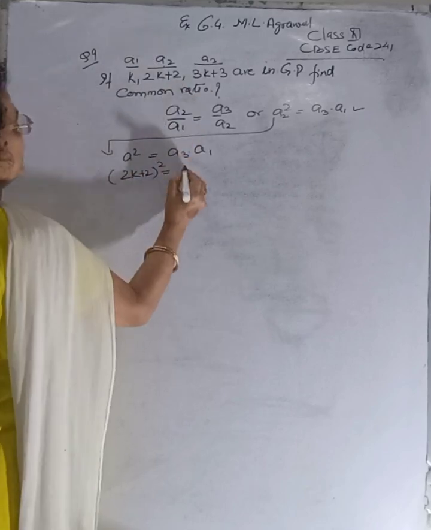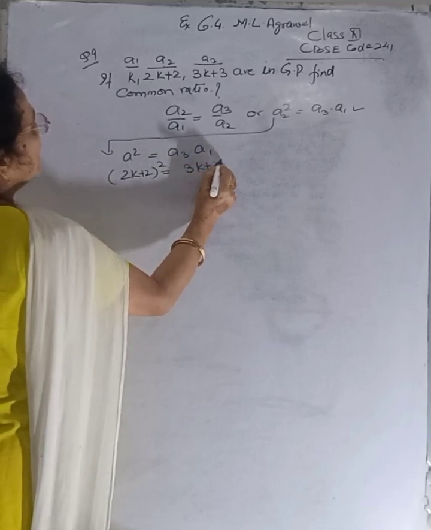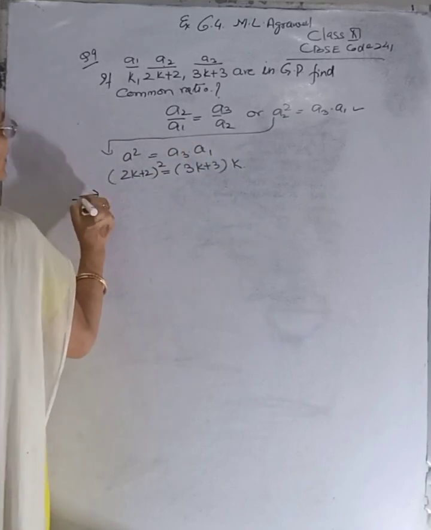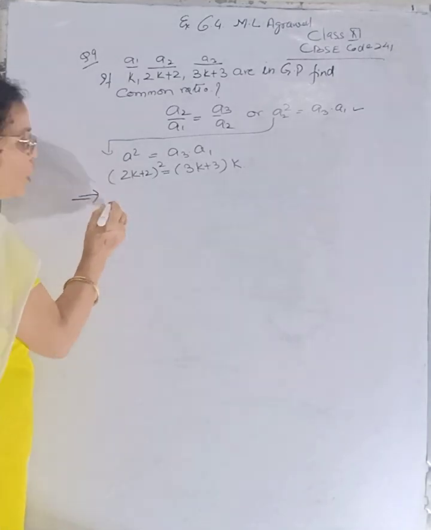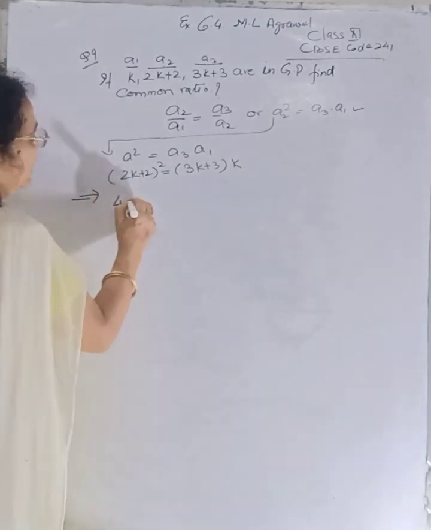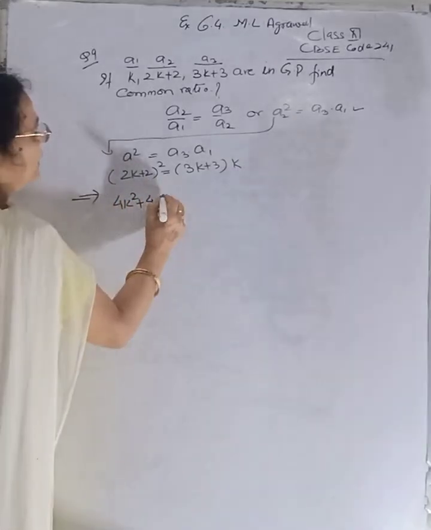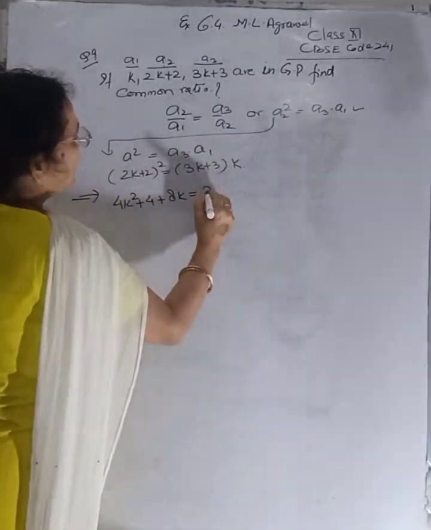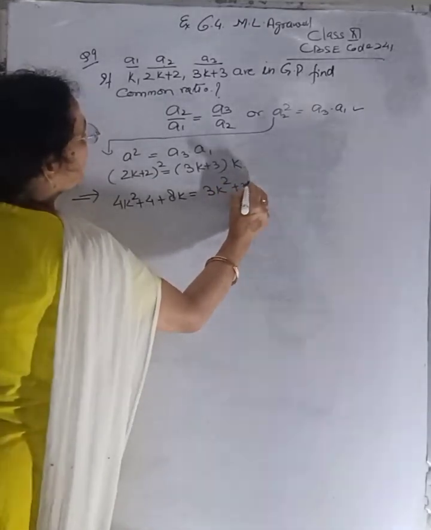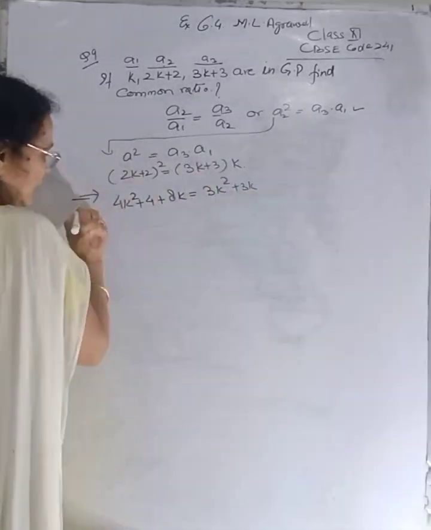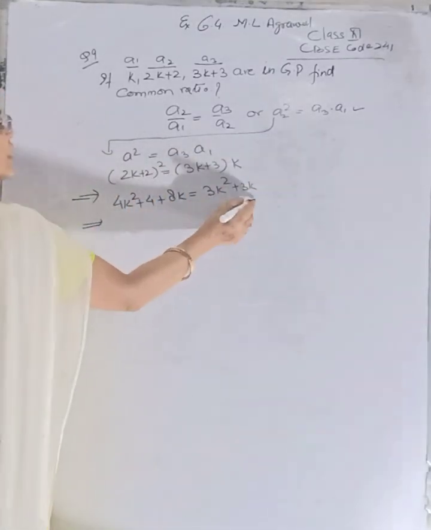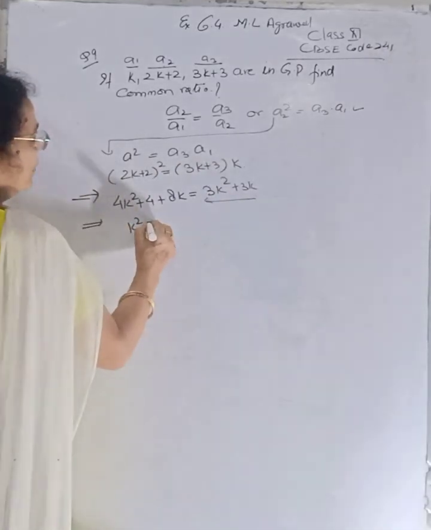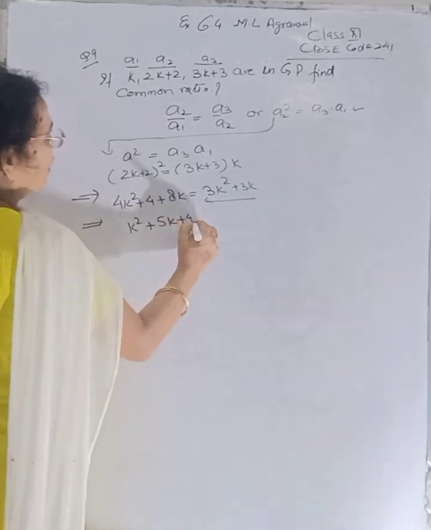This will be equal to A3, which is 3 times K plus 3, into A1, which is K. This is the condition from which we can find the value of K. Open it: 4 times K square plus 4 plus 8 times K will be equal to 3 times K square plus 3 times K. Left hand side terms will come towards the right hand side, and we get K square plus 5 times K plus 4 is equal to 0.